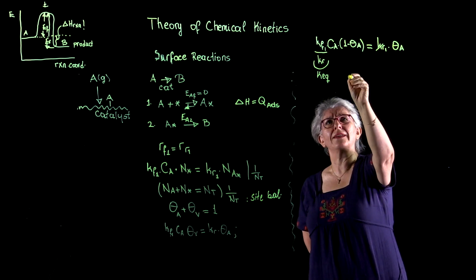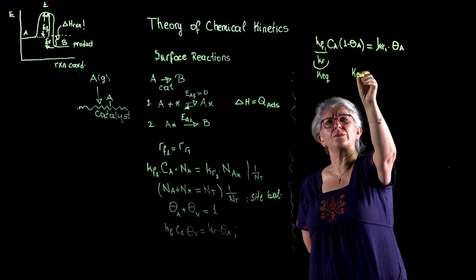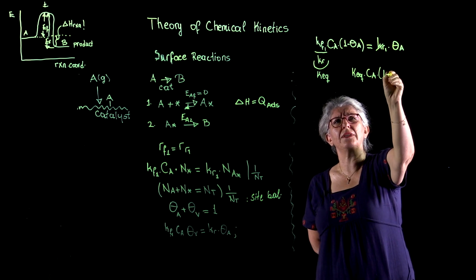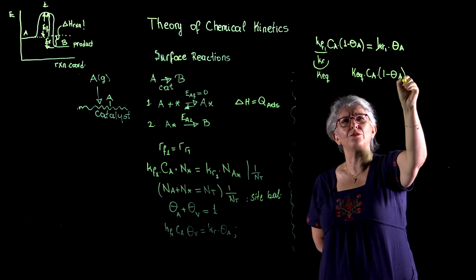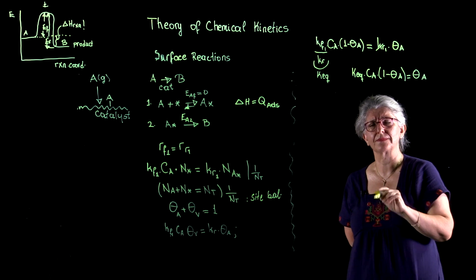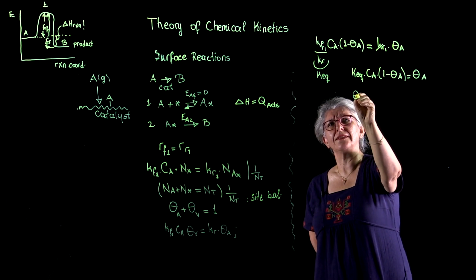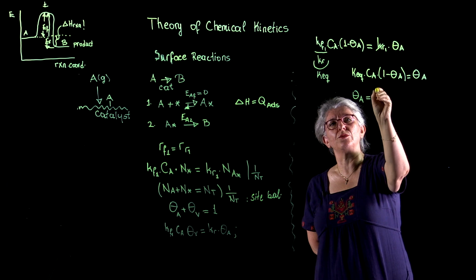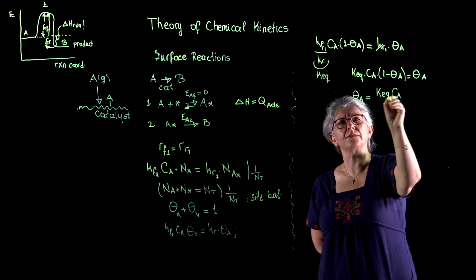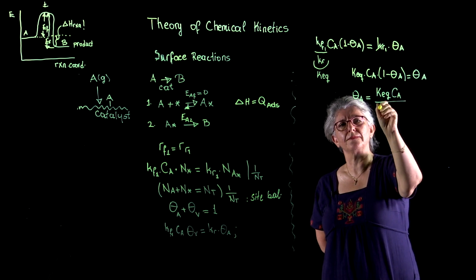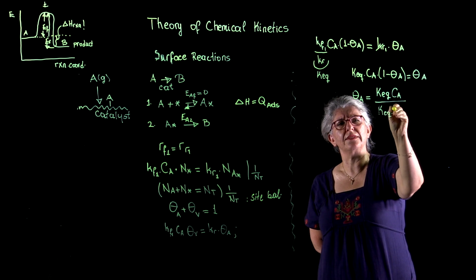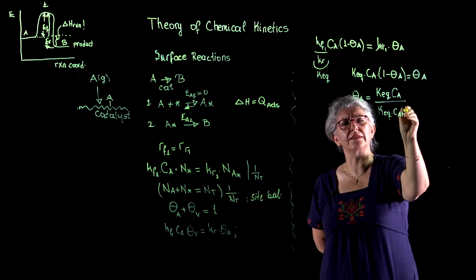So I have K equilibrium times C_A times 1 minus theta A equal to theta A. Or we have theta A equal to K equilibrium C_A divided by K equilibrium C_A plus 1.